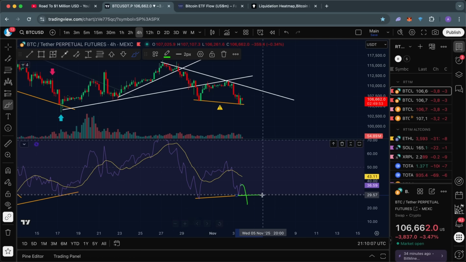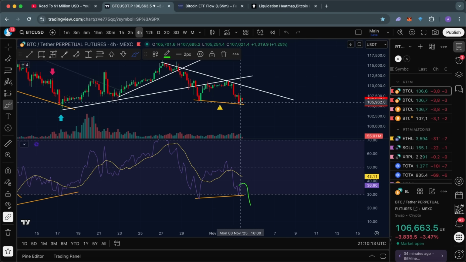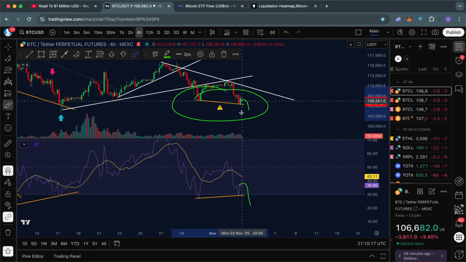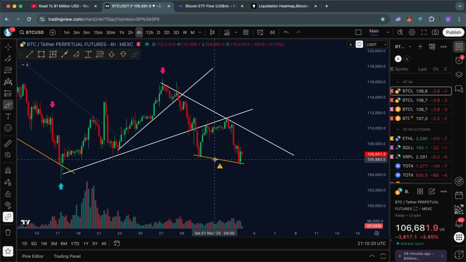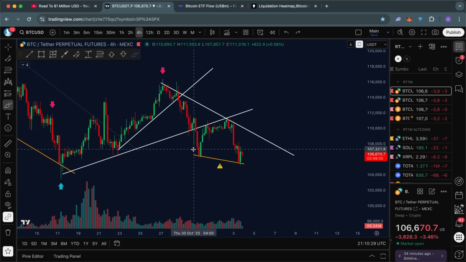Another way that this thing can invalidate is if we are breaking down below this ascending trend line that we have in the RSI. If you see either of these things happening, then this is no longer a valid bullish divergence. And of course, the invalidation of a bullish signal is bearish in and of itself. So that opens the door to more bearish price action for Bitcoin once again.